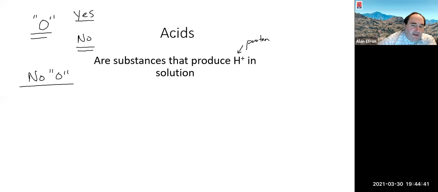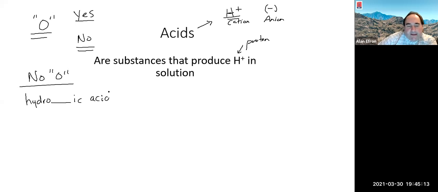By the way, before we get there, in acids the cation is always H plus. That's what makes it an acid. The anion could be anything negative. And if it does not contain oxygen, the acid will start with hydro-something-ic acid.